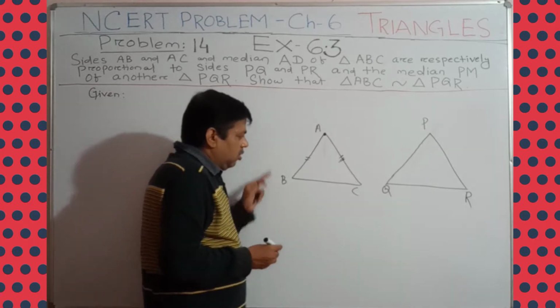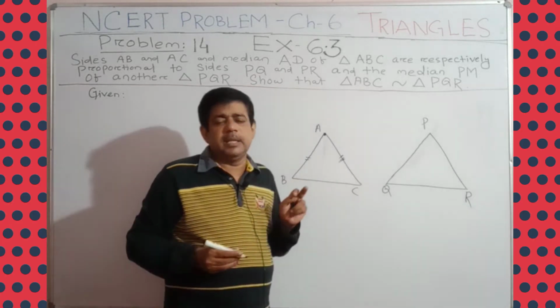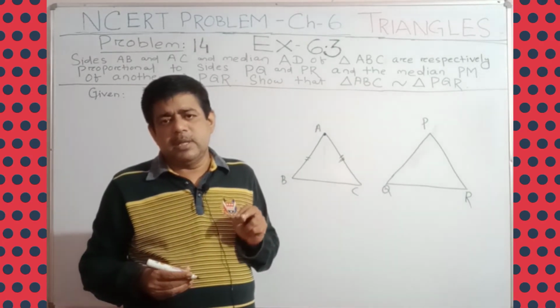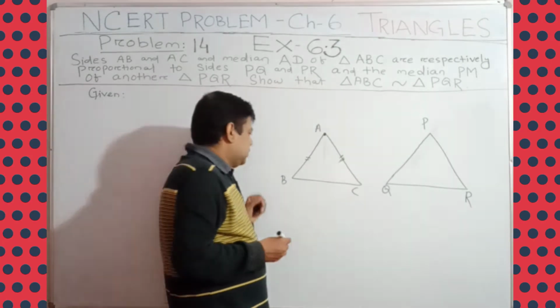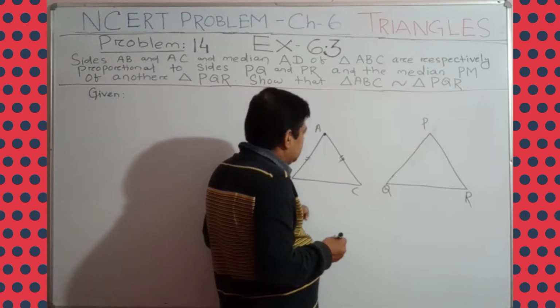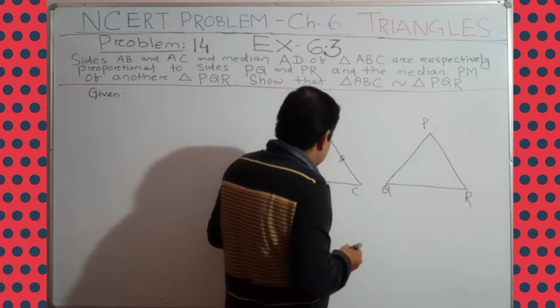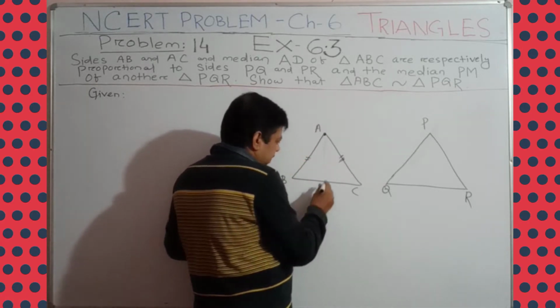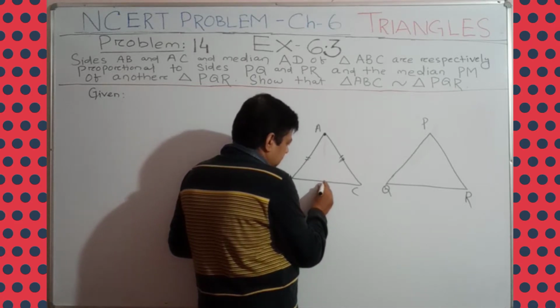All of you know the median is a line segment joining the midpoint of one side to the opposite vertex. So we have to draw a median through the vertex A to the opposite side BC. We take the midpoint of side BC of triangle ABC.